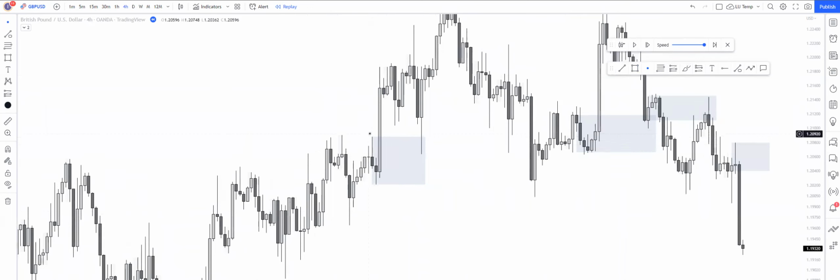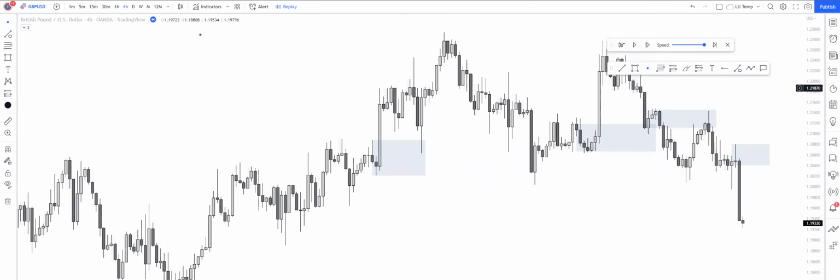I'm using the wick, but if I use the body, eventually I will miss it. I won't get tapped in. So that's a pro and a con. It just depends. It's a personal choice. I use the body if I plan to enter directly, but if it's just a POI, just for me to monitor price, I'll use the whole area because I'm not expecting to enter off of the 4-hour directly, for example.